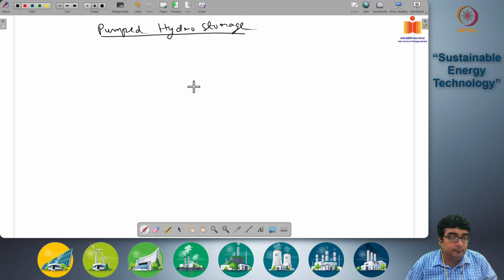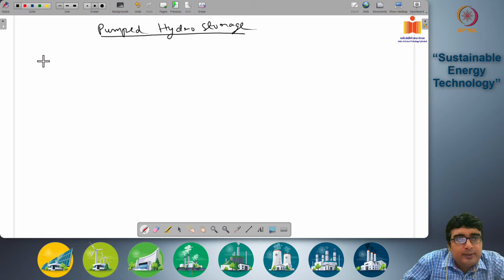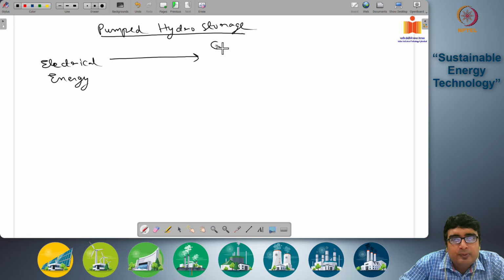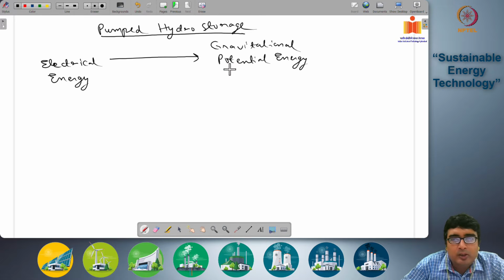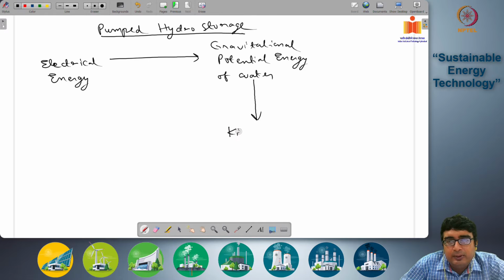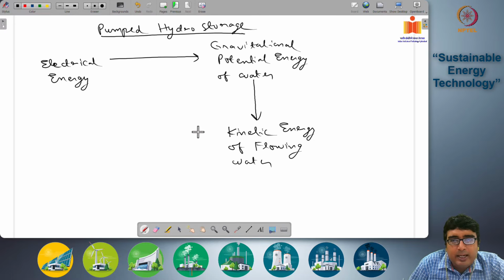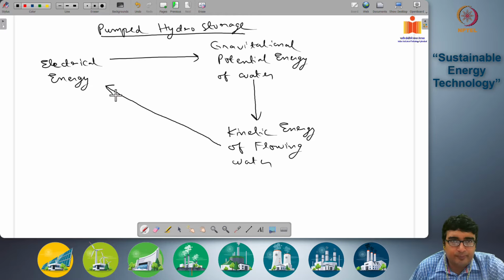So what we are doing here is electrical energy is being transformed into gravitational potential energy of water, and then this gravitational potential energy is transformed back into kinetic energy of flowing water and this is transformed back into electrical energy.